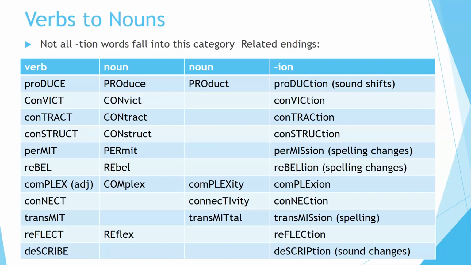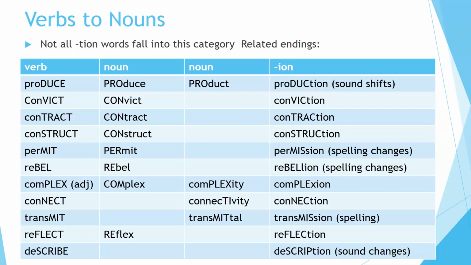Let's look at the next one, connect, connectivity. See how the stress has shifted there. Connection, again, the stress is right before the T-I-O-N ending. Transmit, transmittal, and then transmission. Notice the spelling changes.